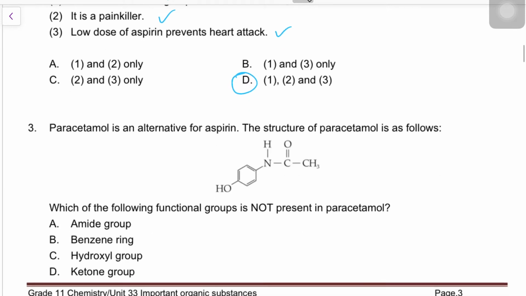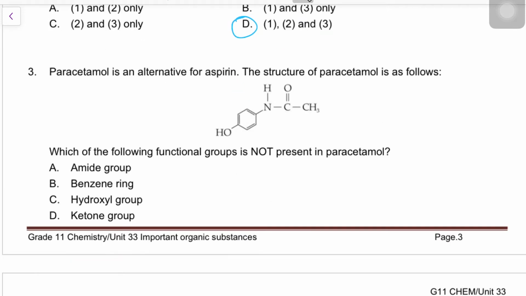Now, 3 here. Okay, paracetamol. Here, given the structure, which of the following functional groups is not represented? Okay, let's see. Again, you see a C=O double bond here, but it is not a ketone.